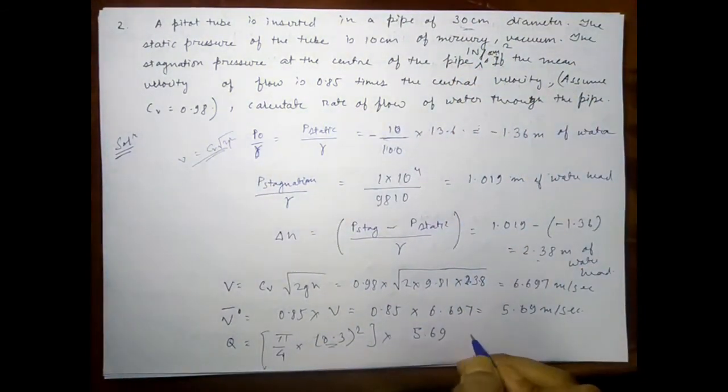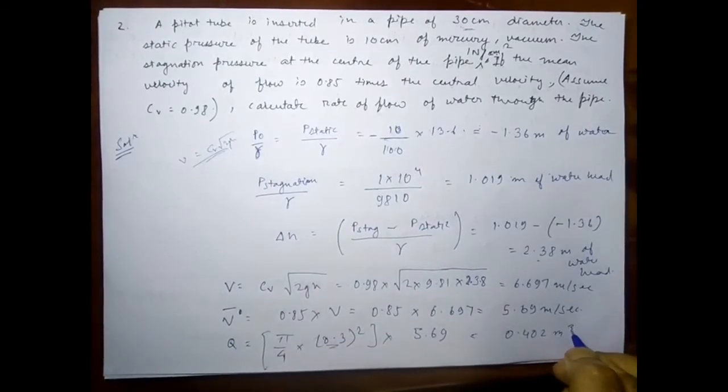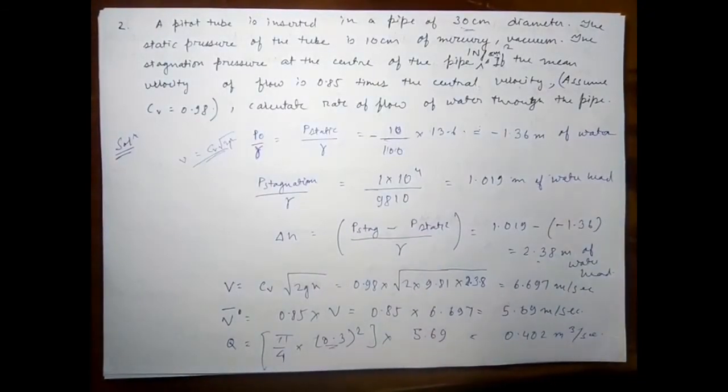So the discharge is equal to the product of all this, and it is equal to 0.402 meter cube per second.